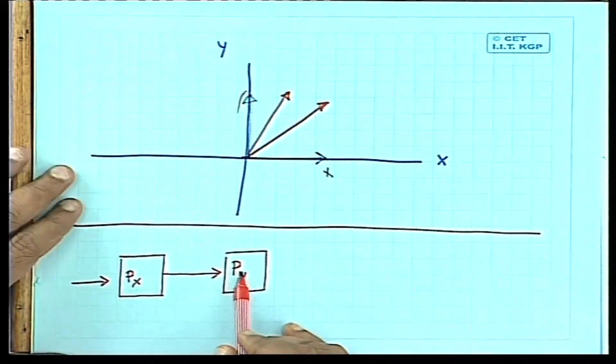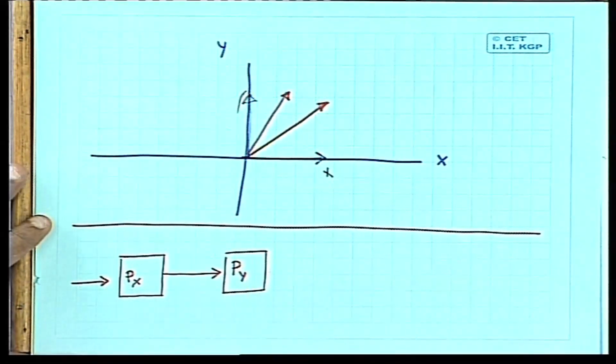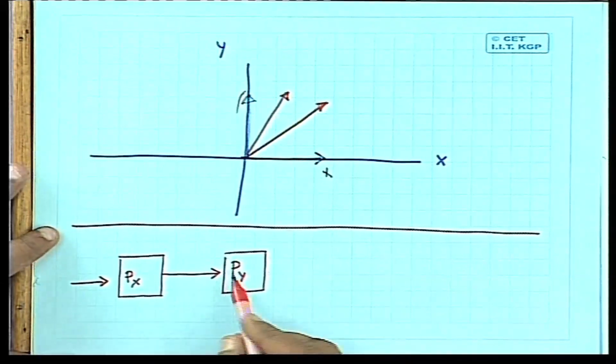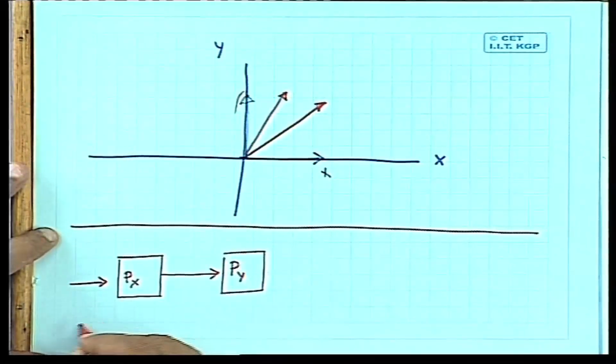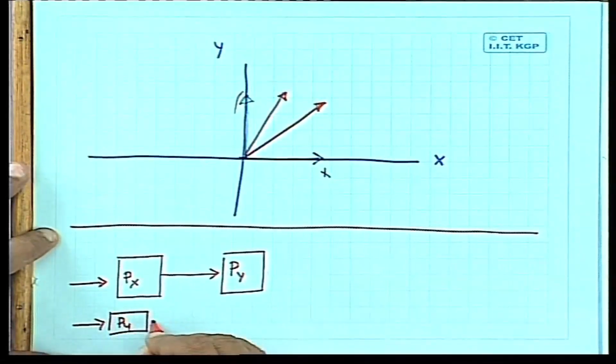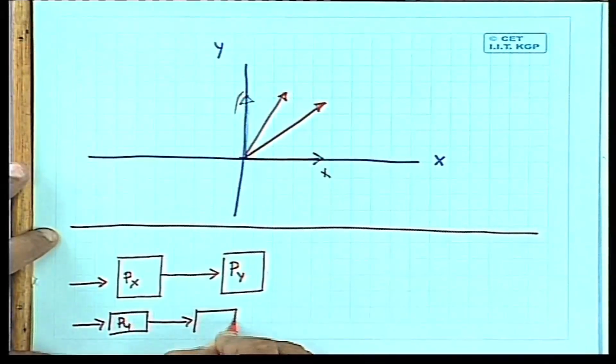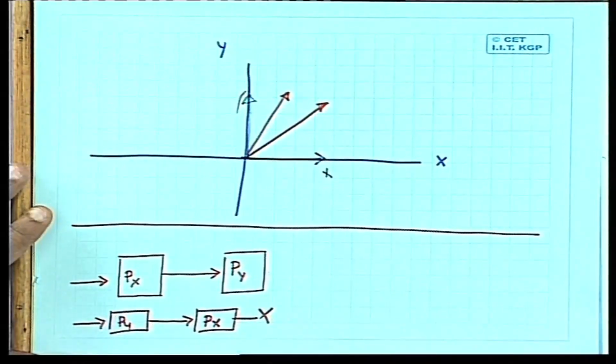Now if I make a measurement of the y component of the polarization, I will get absolutely nothing coming out. Similarly, if I send the light through a y polarizer, and send the output through an x polarizer, I will get absolutely nothing coming out.